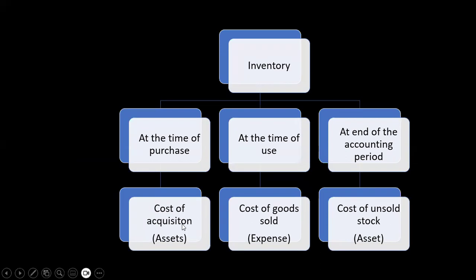The cost of acquisition of the inventory bought at that time is an asset because its unexpired benefit will appear on the balance sheet. But when the inventories are sold or used for production, then it becomes cost of goods sold and it becomes an expense. At the end of the accounting period, inventory purchased minus inventory used is the cost of unsold stock, which is an asset.